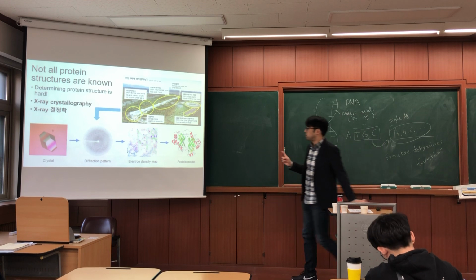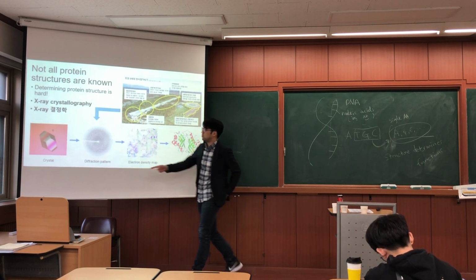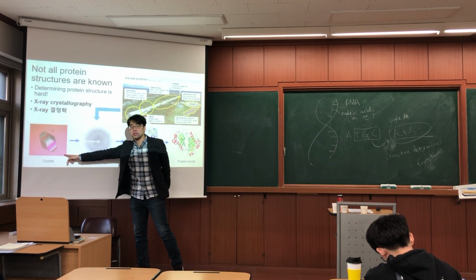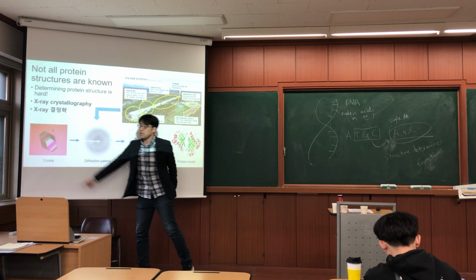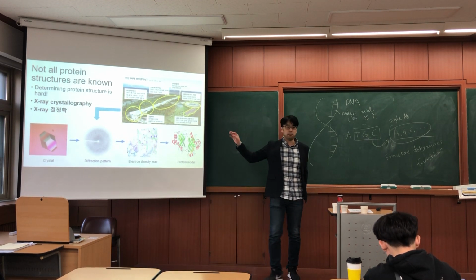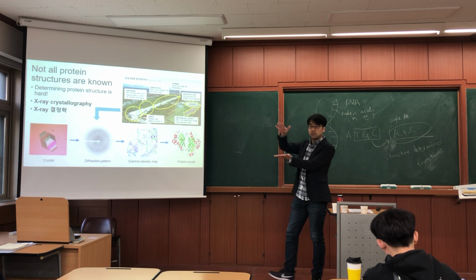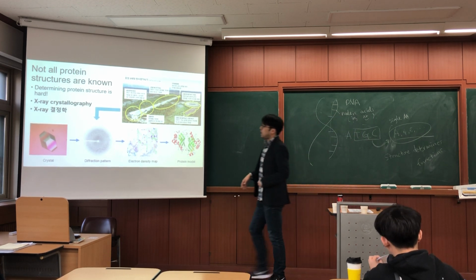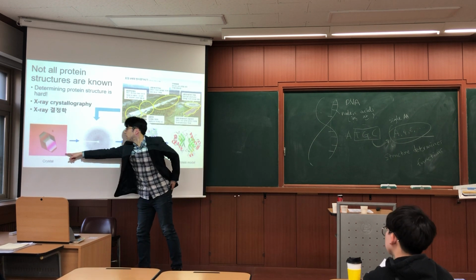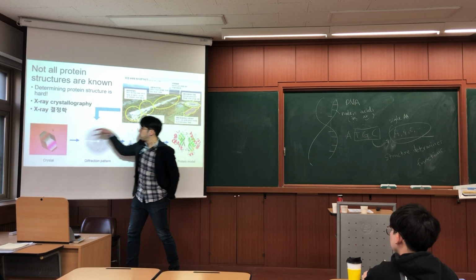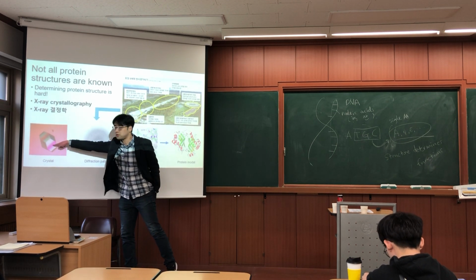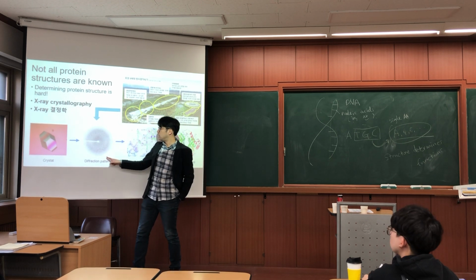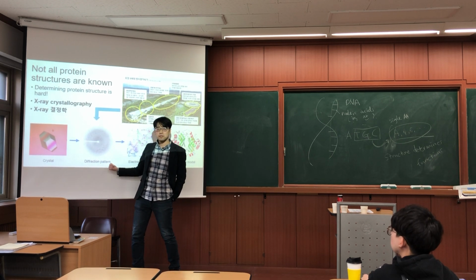In order to determine protein structure, one has to grow this kind of crystal. This pretty-looking crystal is actually made of proteins, just stacked proteins. And if you shoot X-rays onto this crystal, then you can get this kind of diffraction pattern.